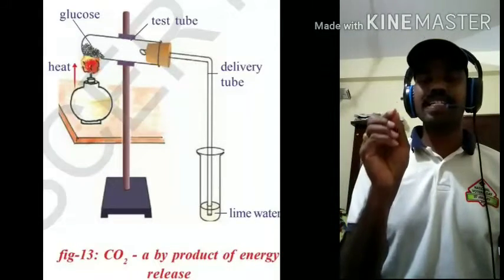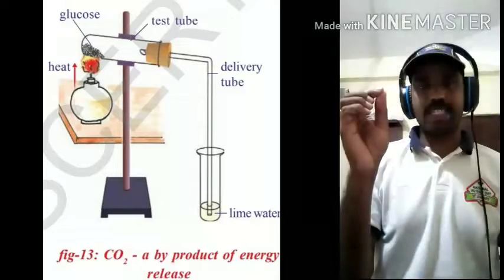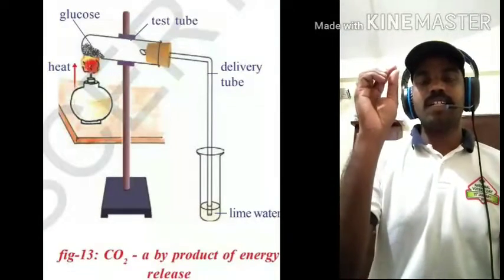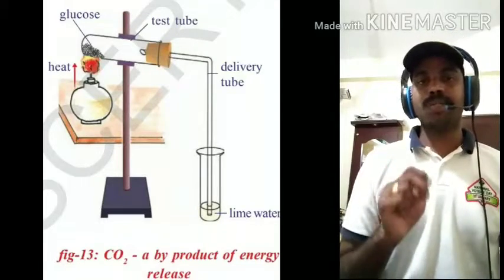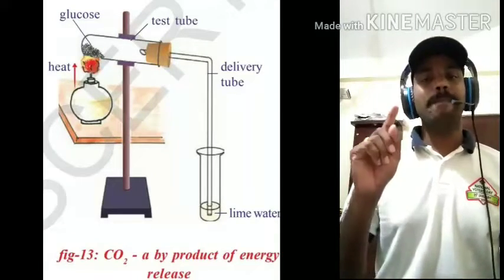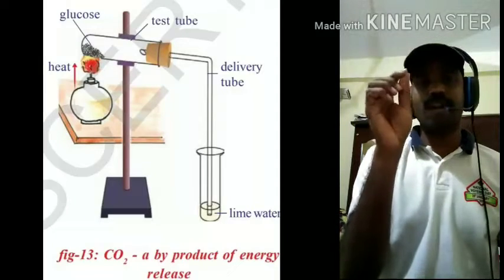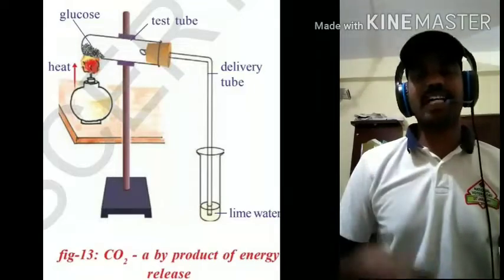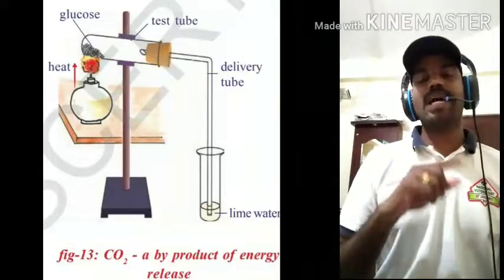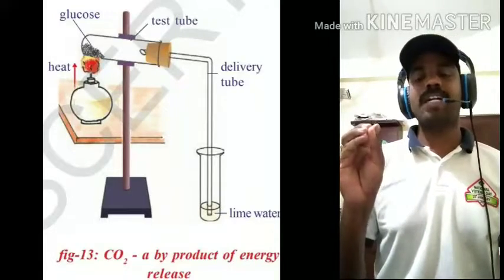And also we are seeing small droplets on the test tube walls. So in this activity we are mainly observing two things. Lime water turns milky white and some droplets are present on the walls of the first test tube. From this activity we conclude that when we are burning glucose, it produces water and carbon dioxide.